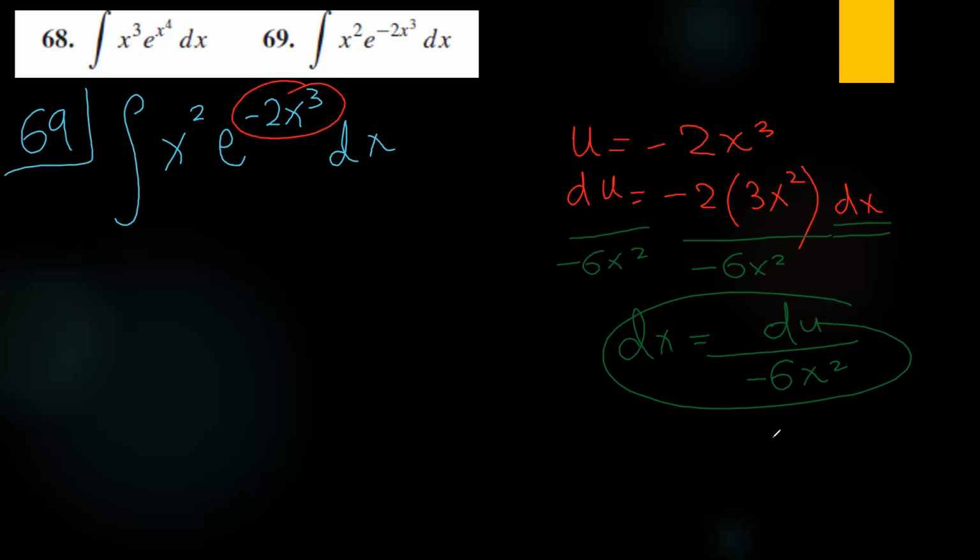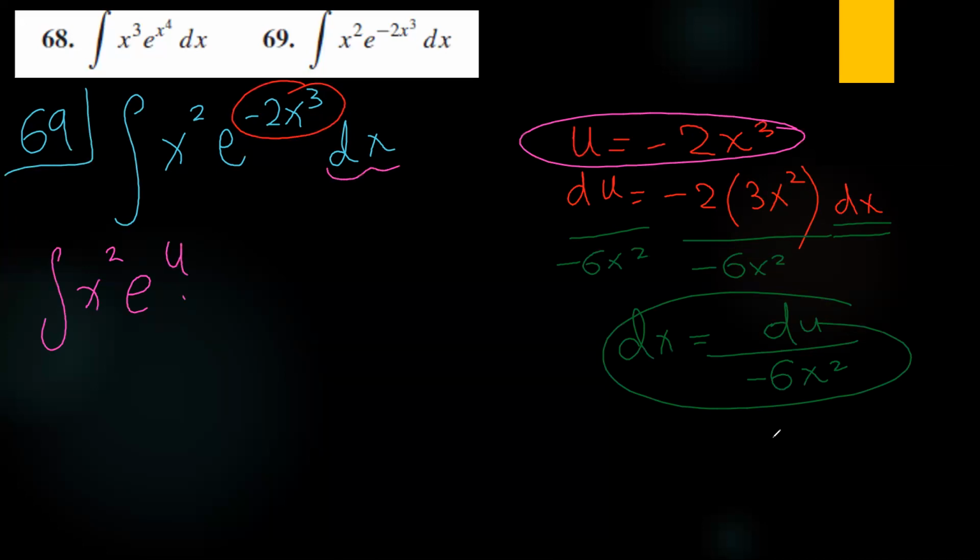After we have u and dx, let's come back to our integration. Integration of x squared, now e to the power -2x cubic, you evaluate with u, times dx, you evaluate with du over -6x squared.